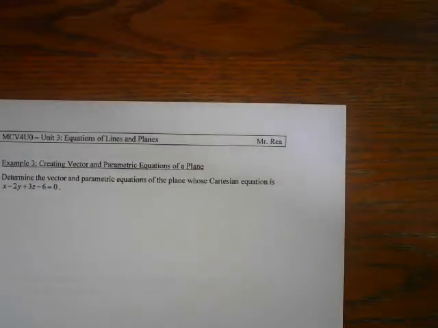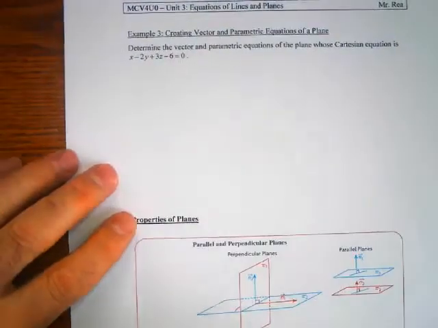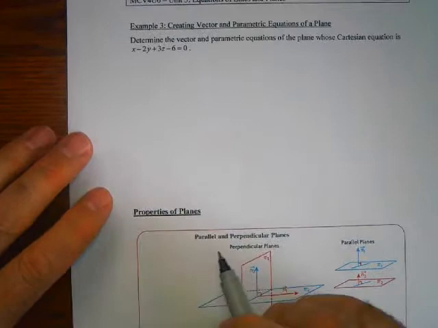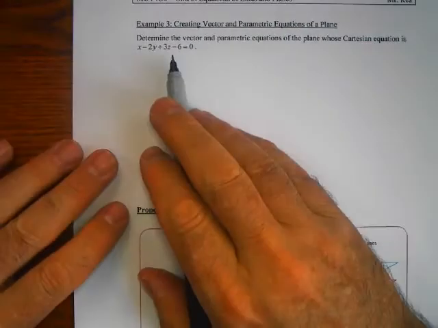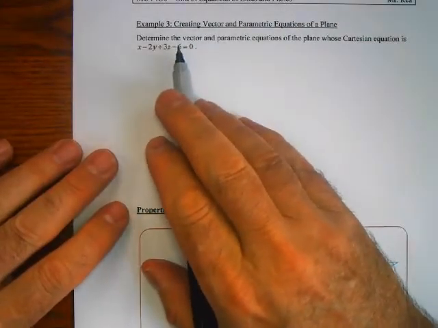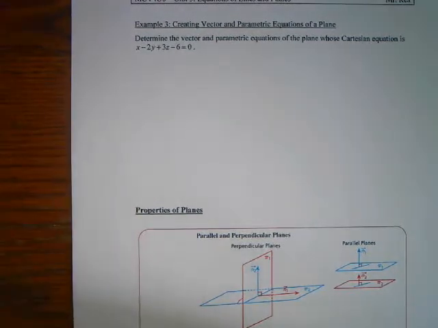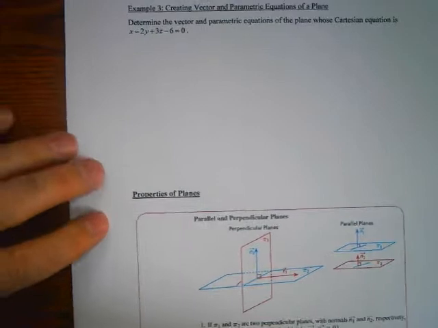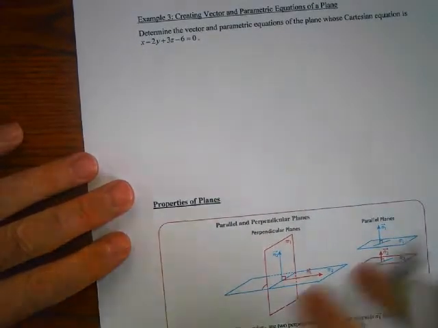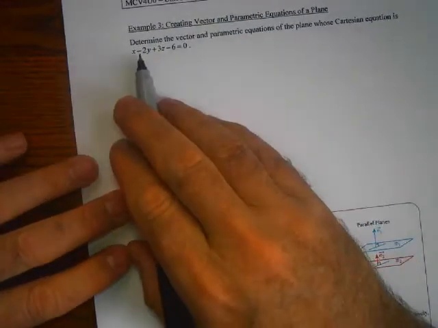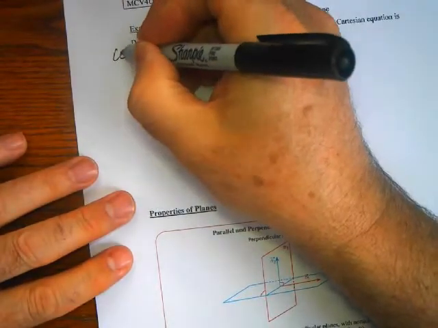Okay, example 3. So this time we're given the Cartesian equation and they want us to create the vector and parametric equation. So this is definitely a required skill. Here's our Cartesian equation here.